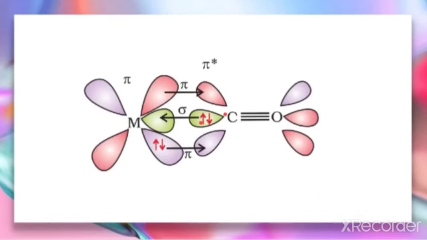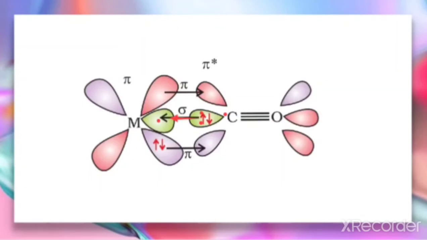That lone pair, represented here in red arrows, is donated from the orbital of carbon into the suitable empty orbital of the metal atom.